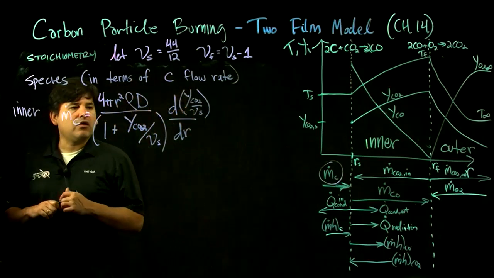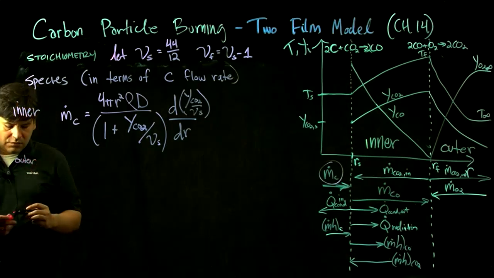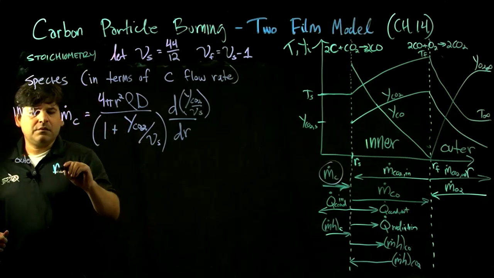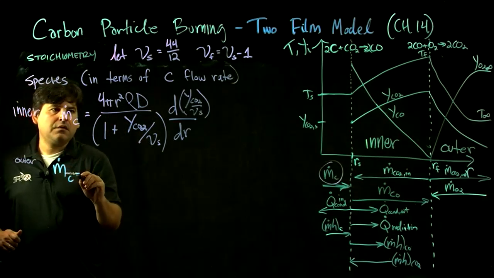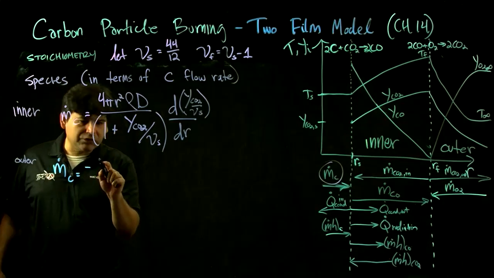Next, let's do the outer region. Again, expressed in terms of the carbon. So it's flowing in a different direction, the CO2.